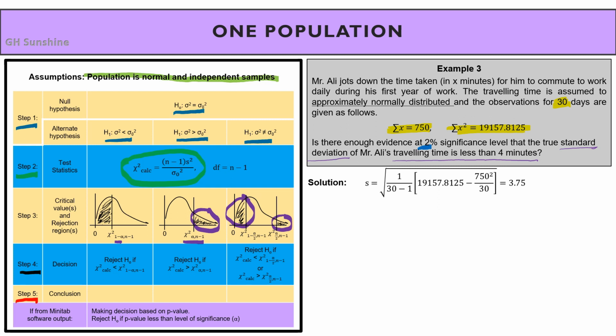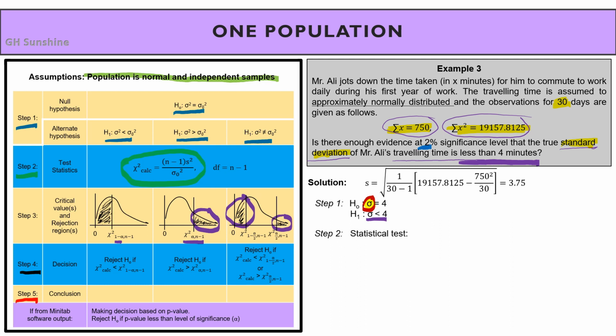Based on this information given, calculate s, so s equal to 3.75. Next, set up the hypothesis testing. H0: sigma equal to 4. Why sigma? Because of this one, standard deviation. If it is the variance, here it becomes sigma squared. Next, H1: sigma less than 4, based on the claim less than 4 minutes.